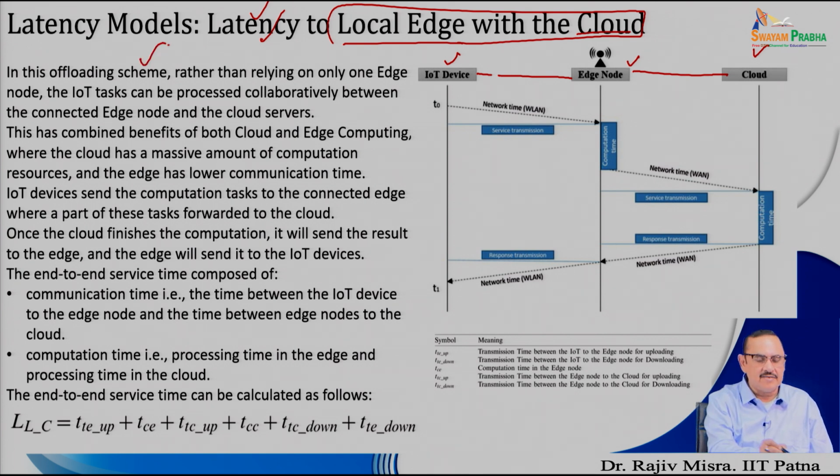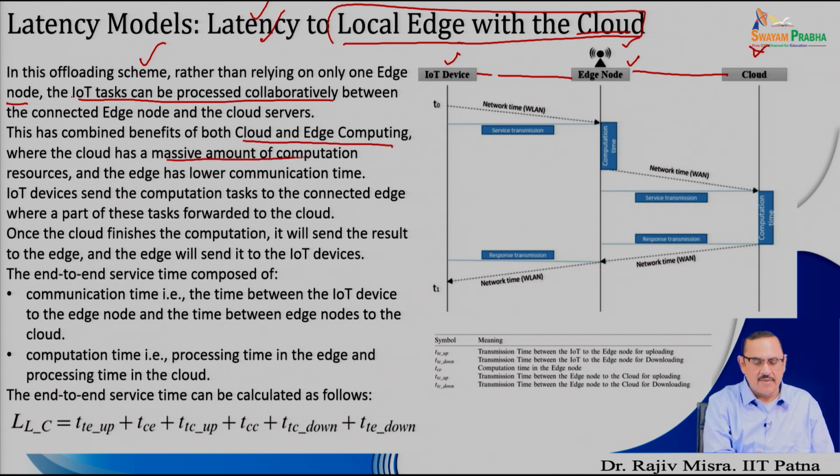So, this offloading scheme does not rely on only one edge node. Here we assume that there is only one edge node and the IoT task can be processed in a collaborative or cooperative manner between the edge and the cloud. This particular way has the benefits of both cloud and edge computing.